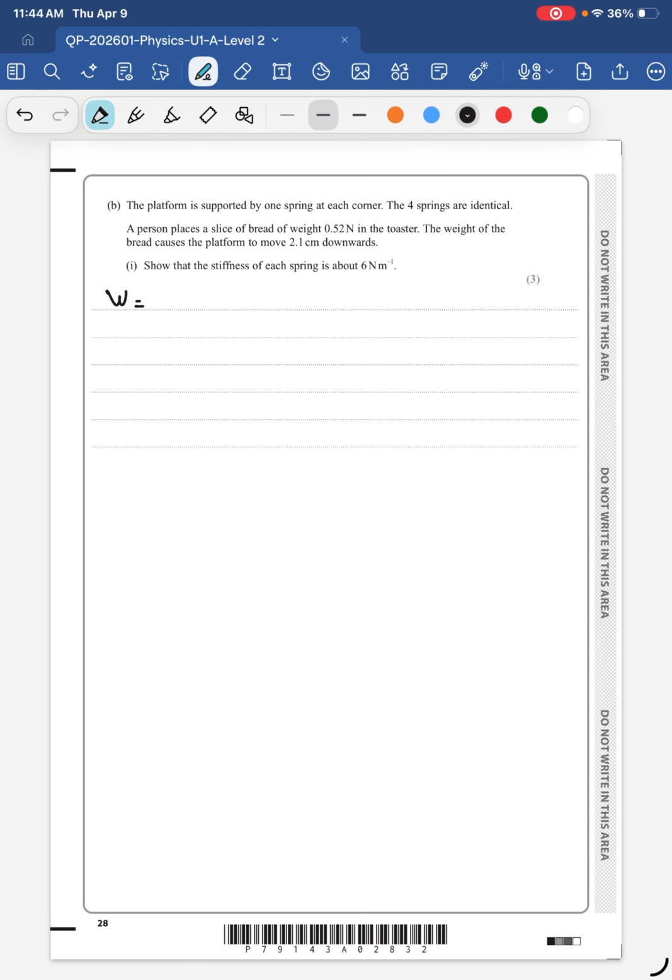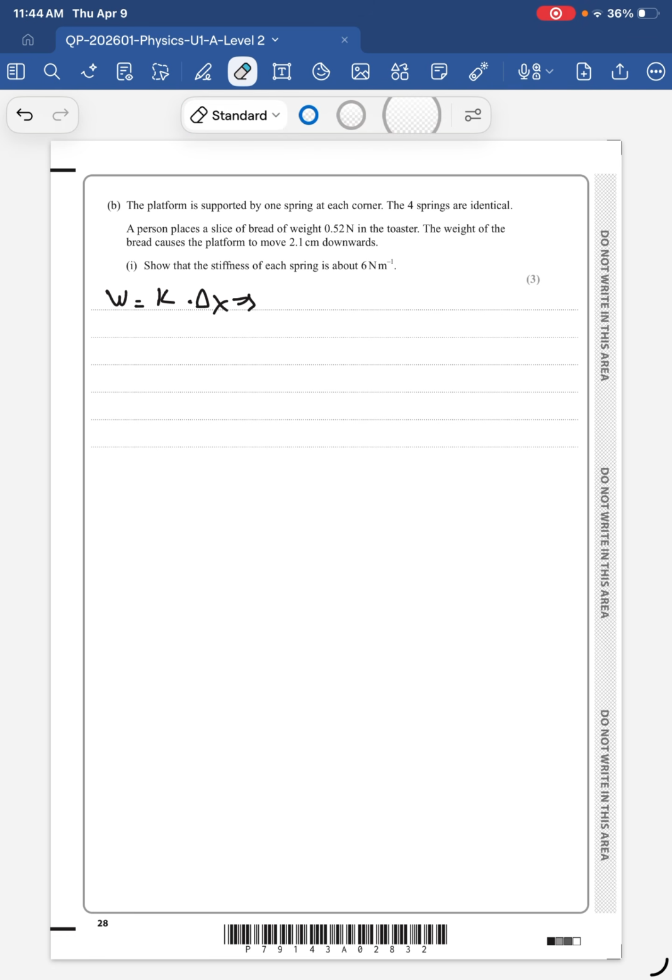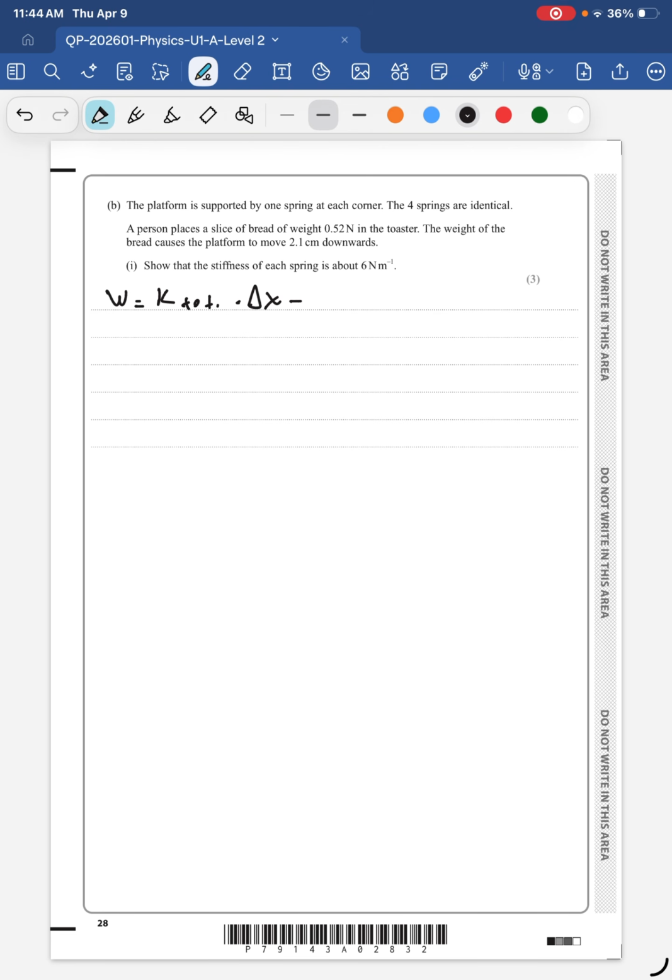Okay, so the work done is the force times delta x. So what did I write? k times delta x. And in this case for the 4 springs, the weight is equal to the total spring constant times delta x.